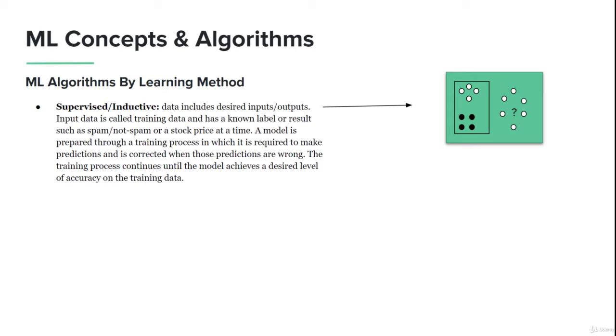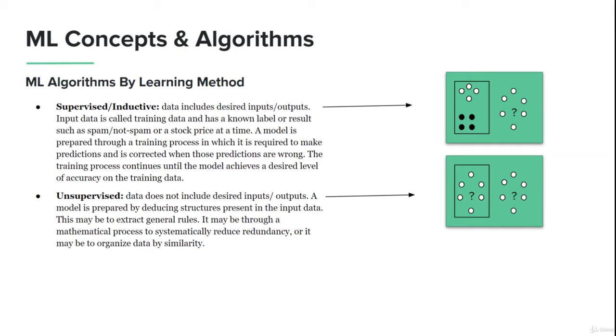A model is prepared through a training process in which it is required to make predictions and is corrected when those predictions are wrong. The training process continues until the model achieves a desired level of accuracy on the training data. So this is really about supervised learning. We're easily able to understand, based off of the inputs, what we're looking to accomplish. Is something spam, is something not spam?